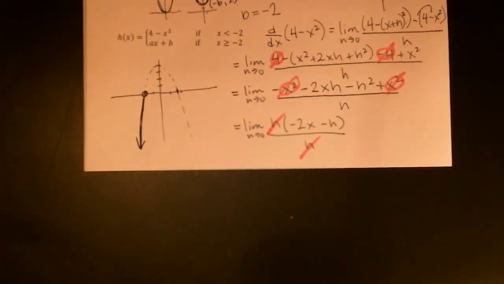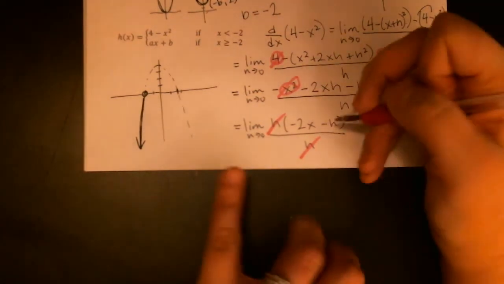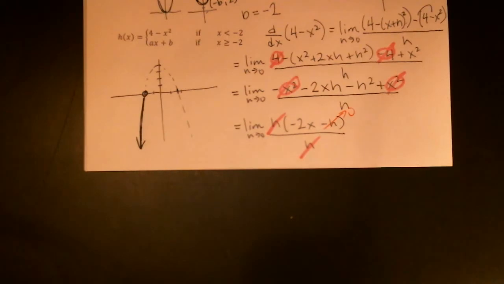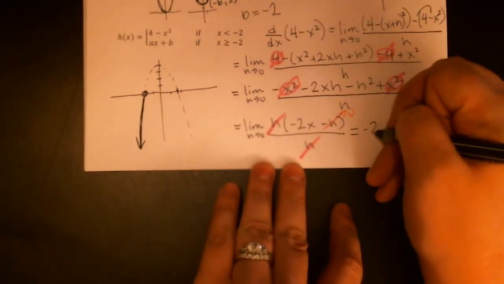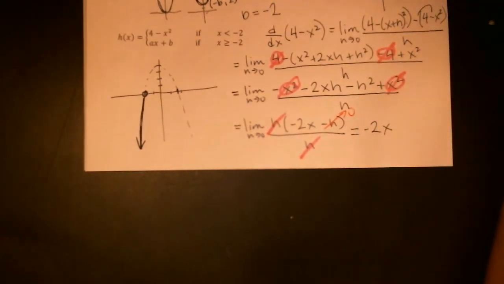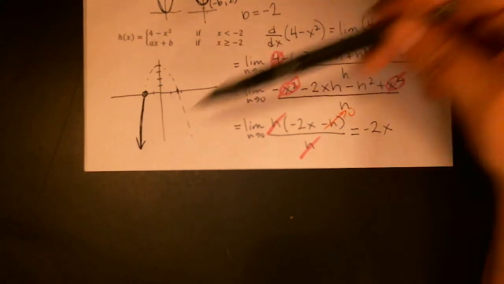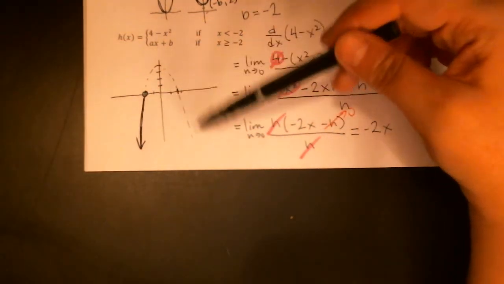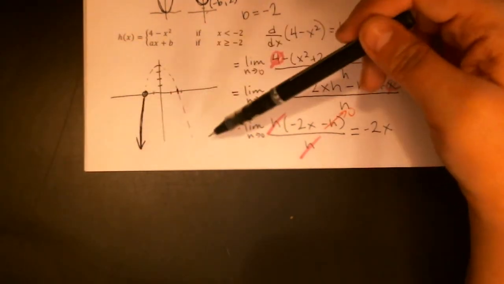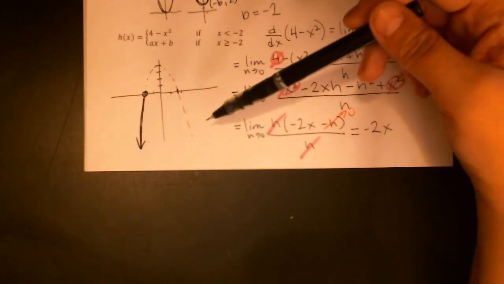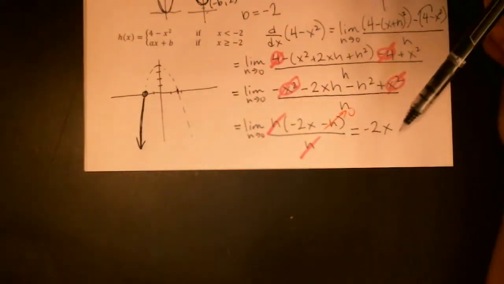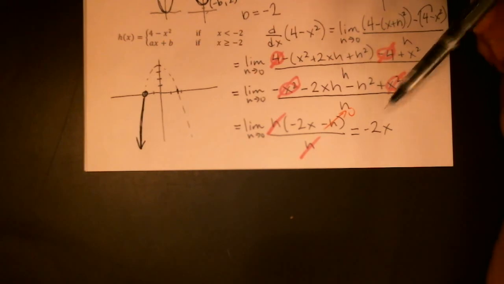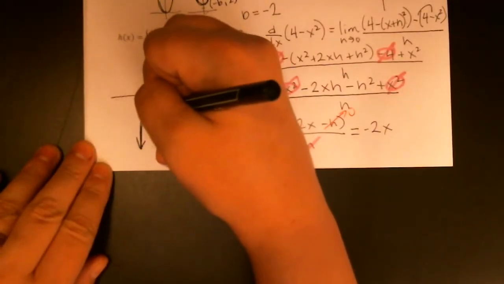And the h's go away, and then as h goes to 0, this will just drop off, and I'll be left with my negative 2x. So if I want to find the slope at a point on 4 minus x squared, the slope of a tangent line, I would just multiply whatever my x coordinate is by -2.